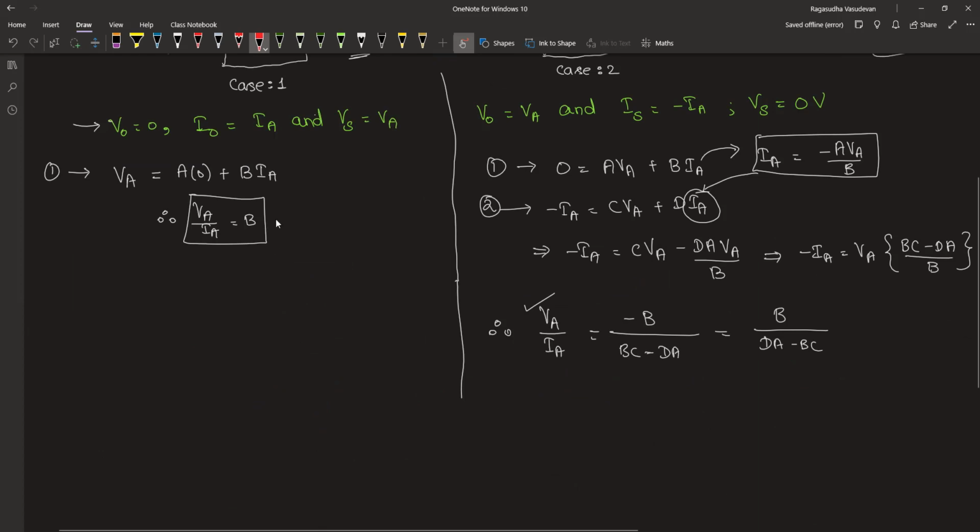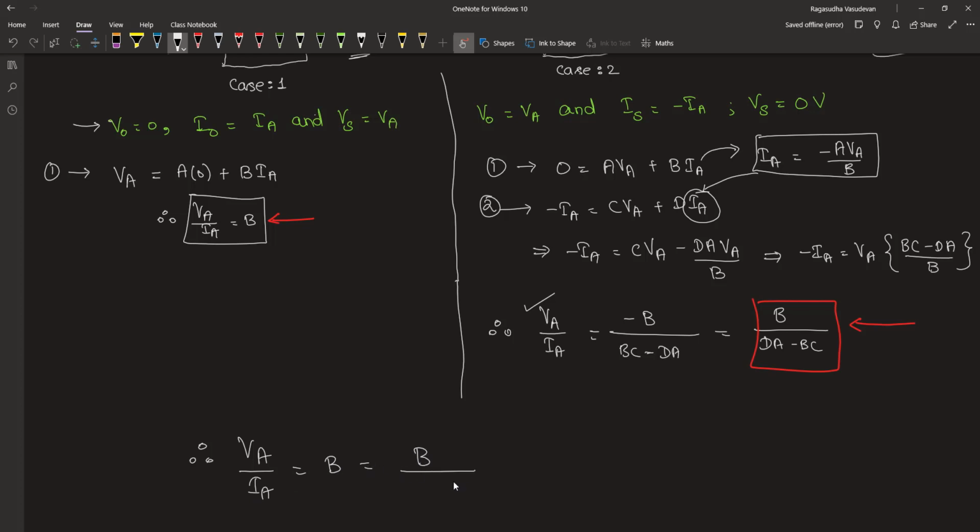According to the first equation, VA by IA is B, and according to this it is B divided by (DA minus BC). Let's equate both of them. Therefore, B is equal to B divided by (DA minus BC). So this implies that DA minus BC is equal to 1.